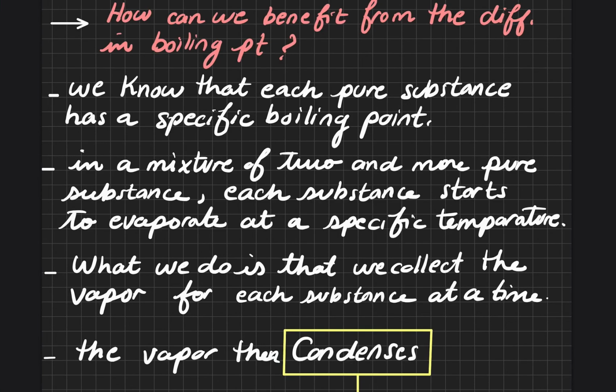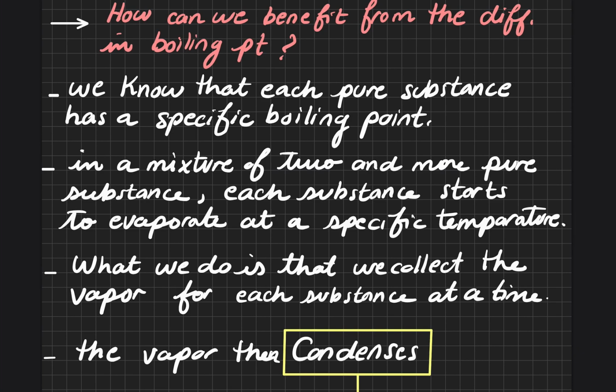And now, in a mixture of two or more pure substances, each substance starts to evaporate at a specific temperature. So when we have a mixture of more than one pure substance, each pure substance has its specific boiling point. We learned that.